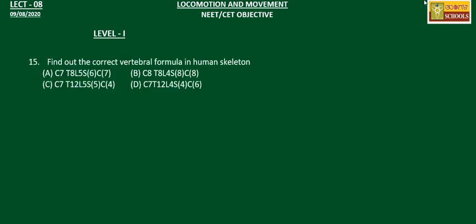So let's see the next question. Find out the correct vertebral formula in the human skeleton. In the case of the human skeleton, we have a total of around 26 vertebrae in the vertebral column.